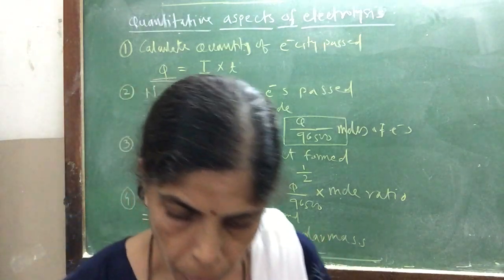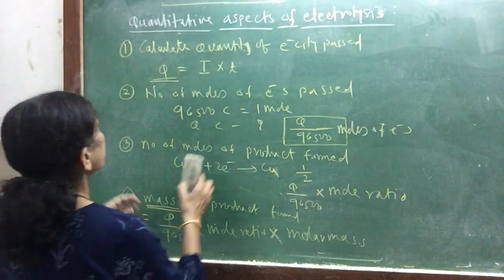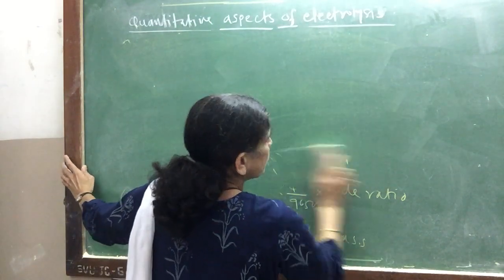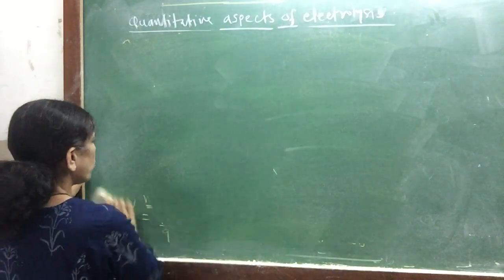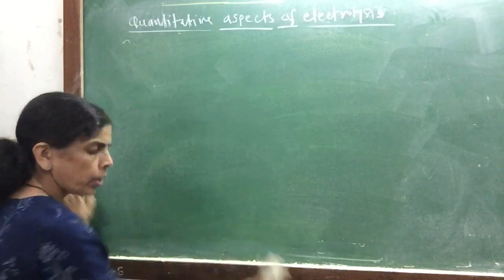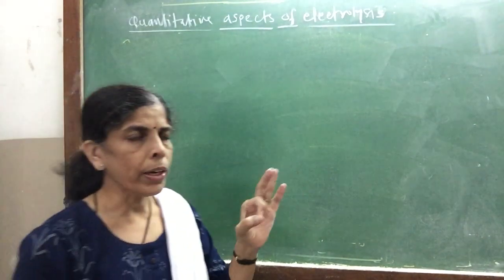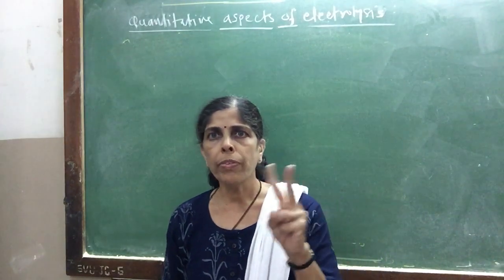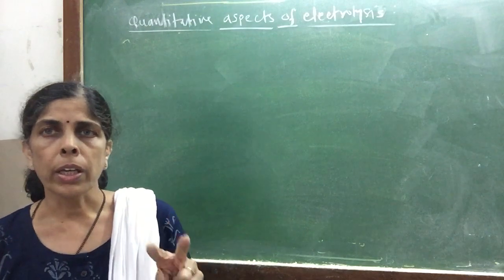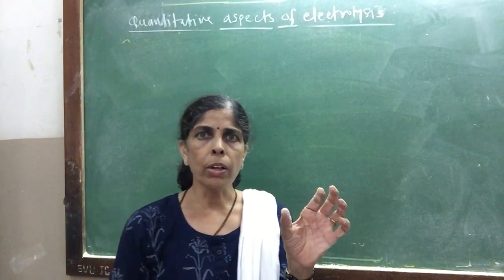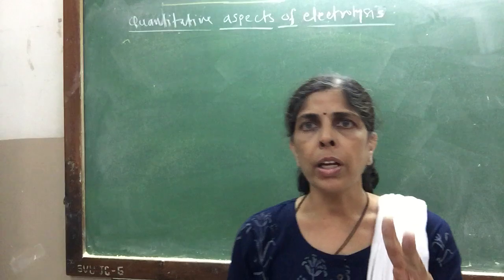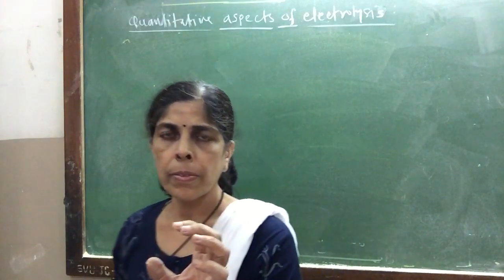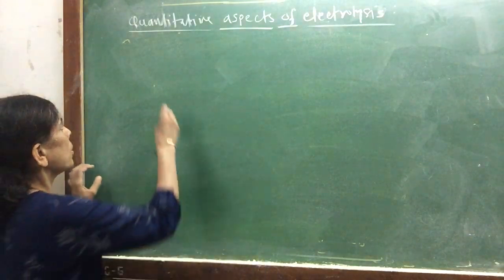Now see, one more quantitative aspect we are going to see. If you are passing the same quantity of electricity through 2 different electrolytes which are kept in cells arranged in series, what is the condition here?